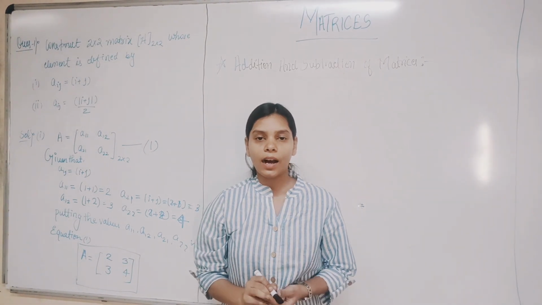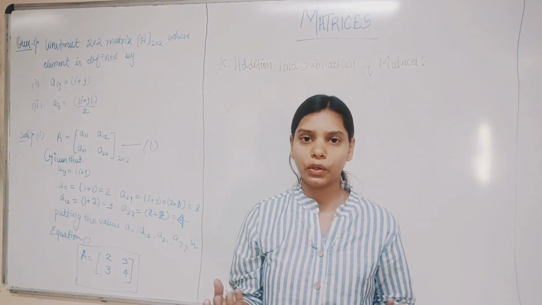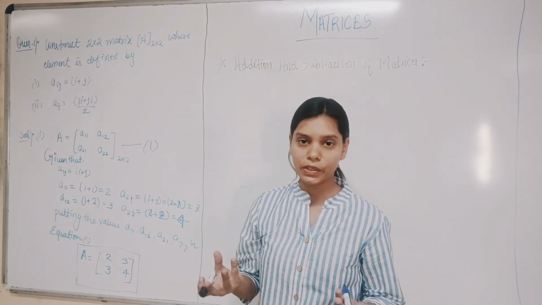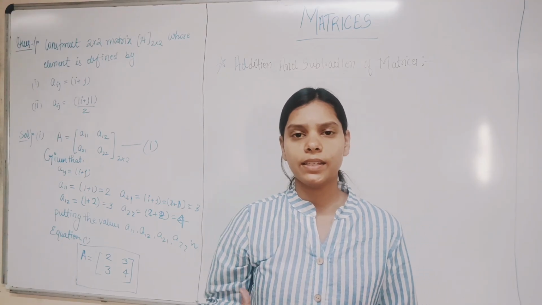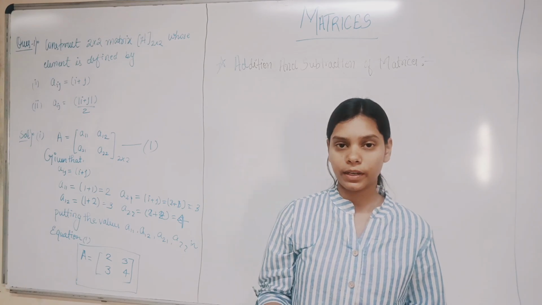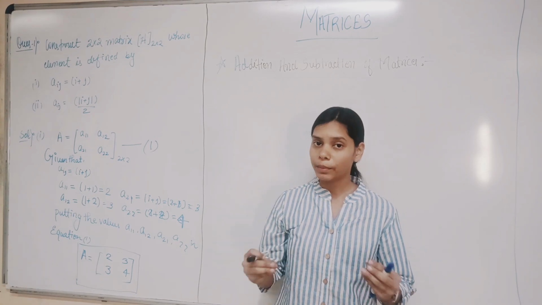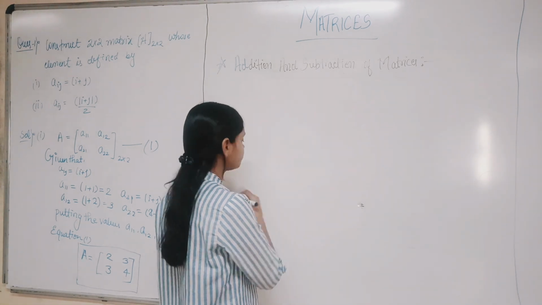So I think in class 10th you have discussed how to add 2 plus 3, how to add minus 2, minus 5. Okay. But the question arises, how do we add 2 matrices, how do we subtract 2 matrices, and how do we multiply 2 matrices? Okay. So the answer will be, write down, I will dictate.